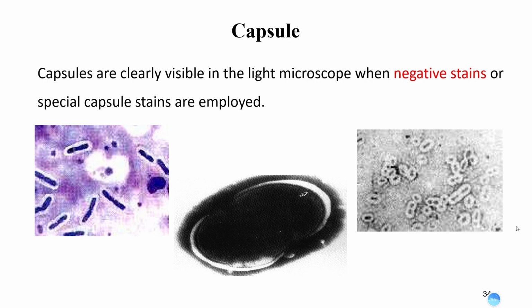You stain the background with black color, and the capsule part takes up the space, but it cannot be stained with black color. So here you can see the presence of capsule. And also this one. So this is the presence of capsule.